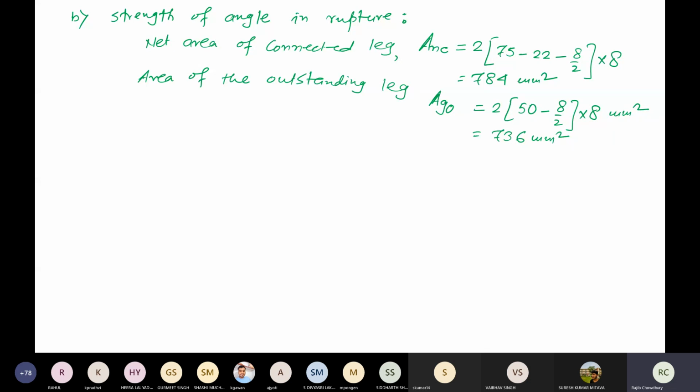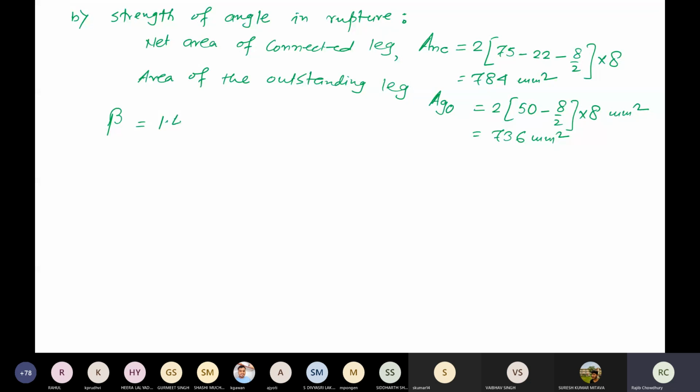Okay. Now what is the next point? Next point, as one of the legs has been connected, again we have to find out that beta. What is that beta? Beta actually takes into account the effect of the shear lag. So what is the beta?